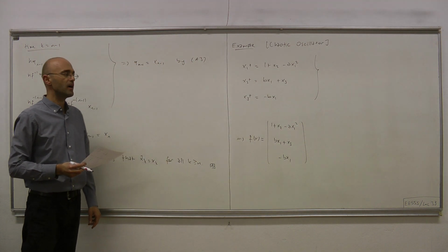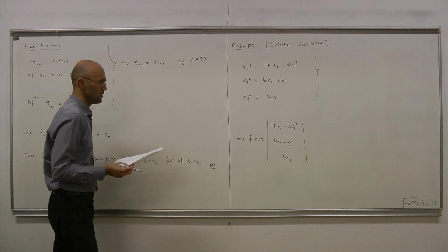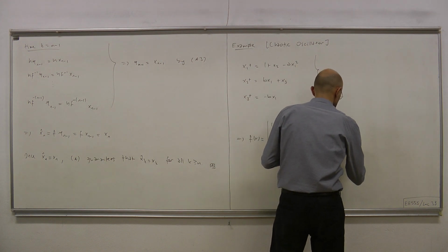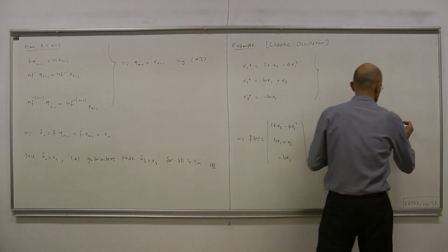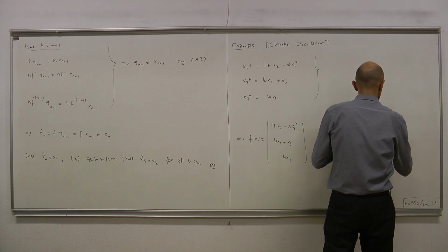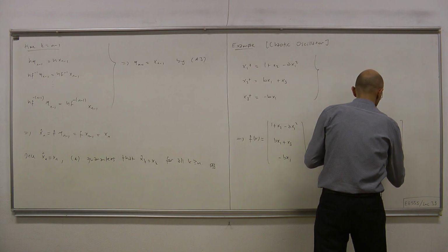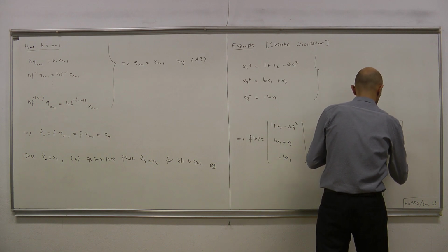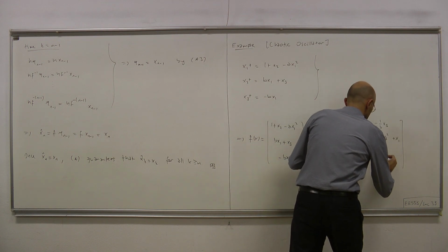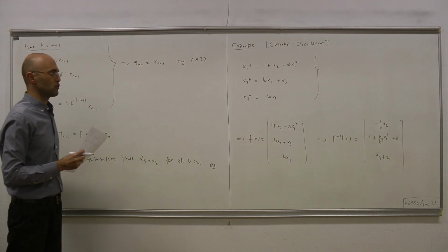So that's our right hand side. It turns out that for non-zero b, this map is invertible. It's not difficult to figure out the inverse, and I leave it as an exercise. The inverse reads the following: 1 over b x3 minus (1 plus a over b squared) x3 squared plus x1, and the third entry is x2 plus x3.